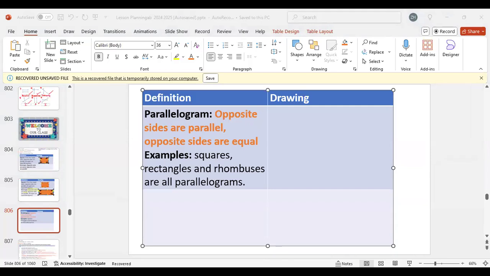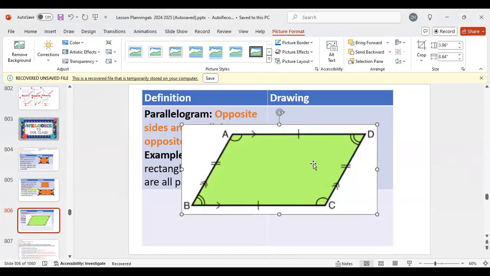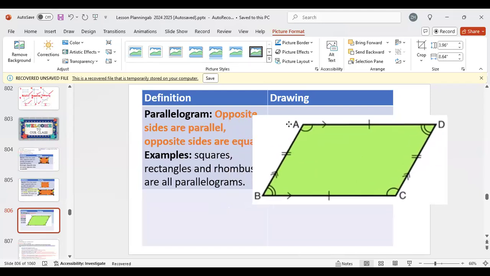You see the thing I sent you? Okay, so a parallelogram could look something like this. I want us to analyze this first, before we actually put it in.